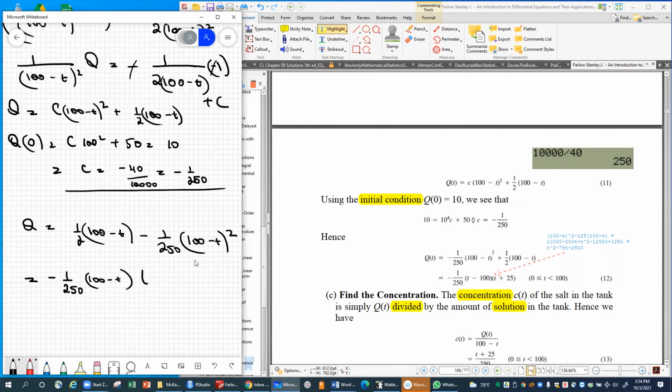You have (100 minus t) over 250, and 125, so minus 125 here.